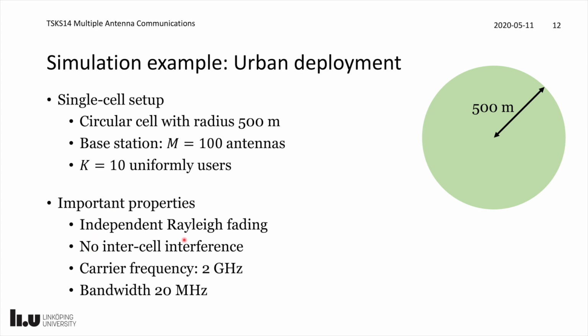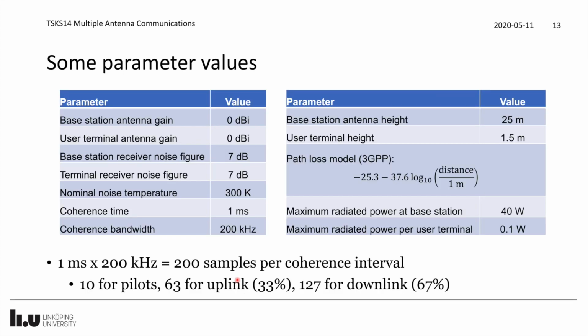There is no intercell interference. And when it comes to computing the propagation conditions, we have a carrier frequency of 2 GHz, and we have a bandwidth of 20 MHz, which will be important in order to write our results later in megabits per second. So we need to select a large number of parameter values in order to run a simulation like this. For the base station and user terminal antennas, we need to select what kind of antenna gain they are having.